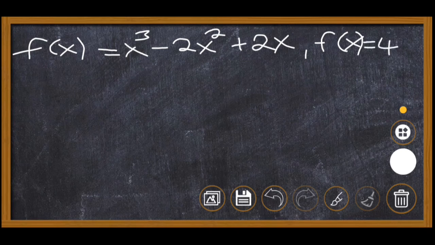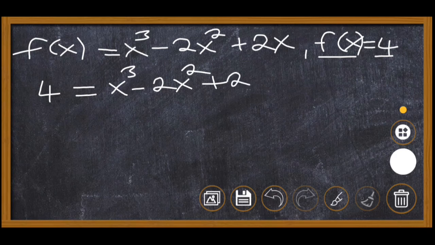So in this case, if you have been told that f of x is equal to 4, it means that where there is f of x, we are going to replace with 4, because it's saying f of x equals 4. So where there is f of x, there is 4. So let's replace that. So we are going to have 4 equals x raised to power 3 minus 2x squared plus 2x.